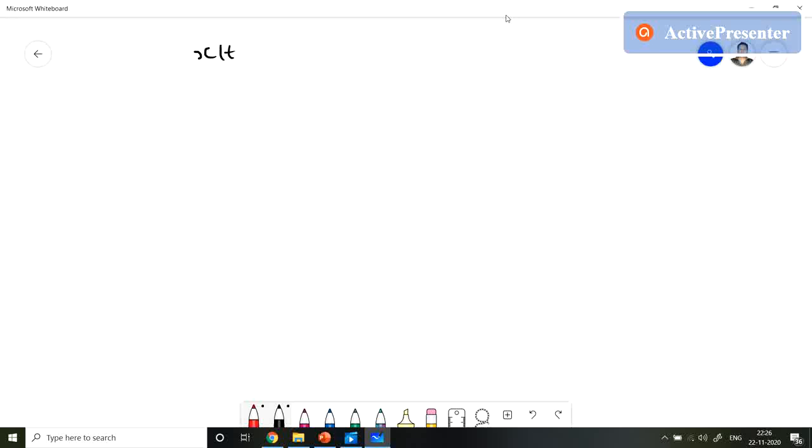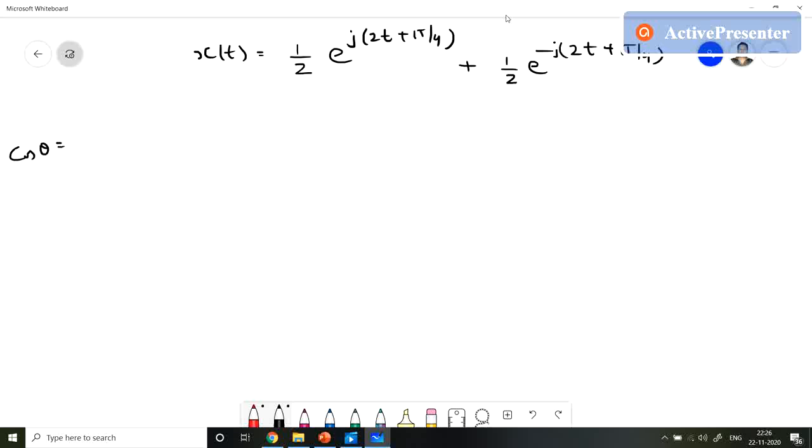Let us write x(t) as 1 by 2 e raised to the power j(2t plus pi by 4) plus 1 by 2 e raised to the power minus j(2t plus pi by 4). Basically cos theta is equal to e raised to the power j theta plus e raised to the power minus j theta, divided by 2.